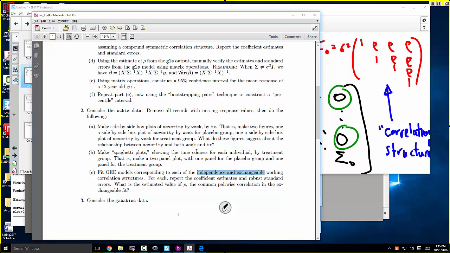But GEE has some nice features that even if you say there's no correlation when you call the function, it, behind the scenes, can still use the data to update or compute more sophisticated standard deviations that are correct. So try GEE starting with the assumption of independence. Also try it with the assumption of, quote, exchangeable correlations. Exchangeable is another word for compound symmetry.